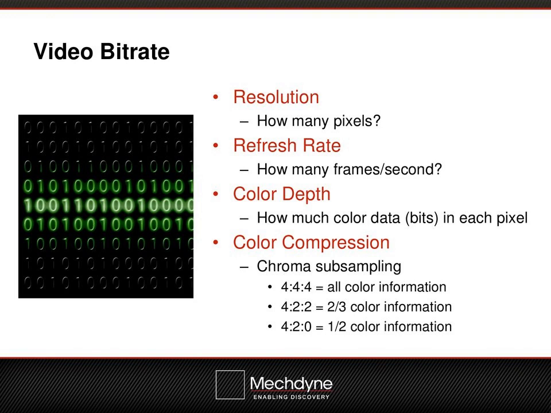Essentially, 444 means that you have all of the color information. So for every pixel, you have a full amount of color information, whereas for some of the others, 422 or 420, perhaps not every pixel has all of its color information represented in that particular frame. So you might have 2/3 of the total color information, or even half of the total color information for 420.